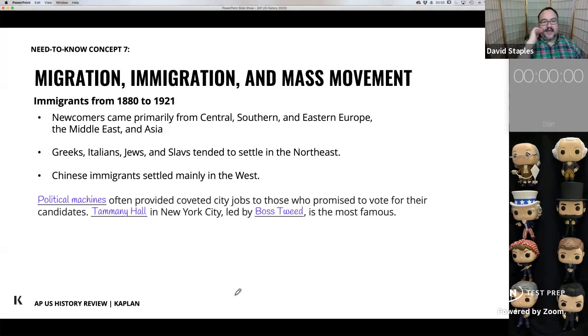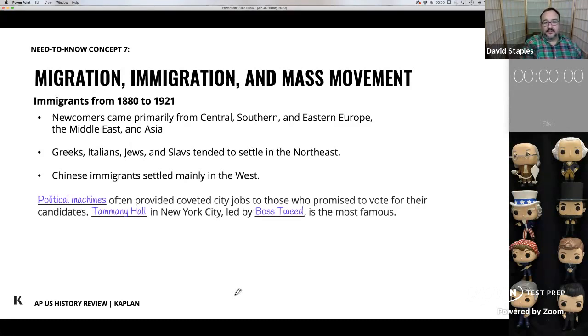So you had the Greeks, Italians, Jews, and Slavs tended to be in the Northeast, and the Asian, especially the Chinese immigrants, would be mostly in the West. They didn't have much power. There was a lot of ethnic-based slums and things like that.